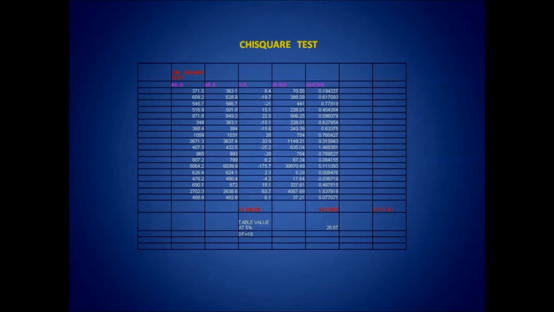How to do this chi-square test? Here we take the observed population in one column and the expected population in another column, and we calculate the difference in one column and square it. Then this squared difference between observed and expected population, divided by the expected population, will give a ratio.